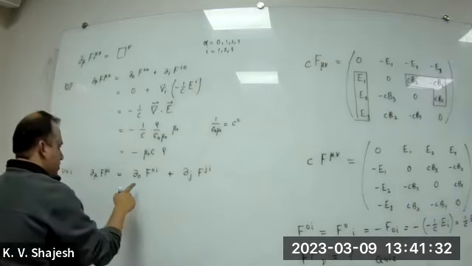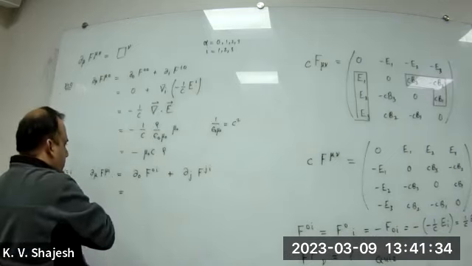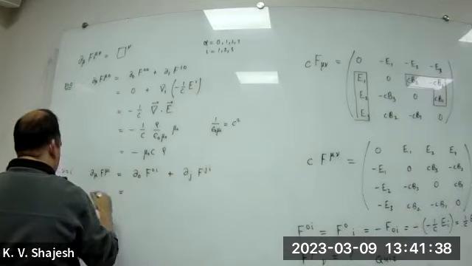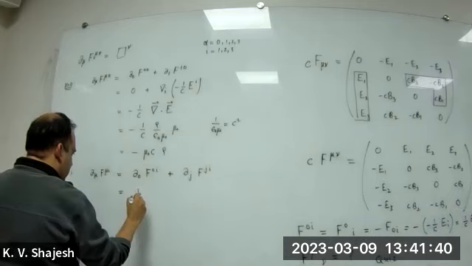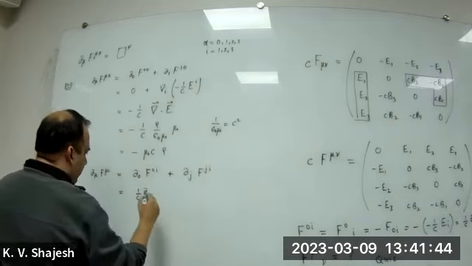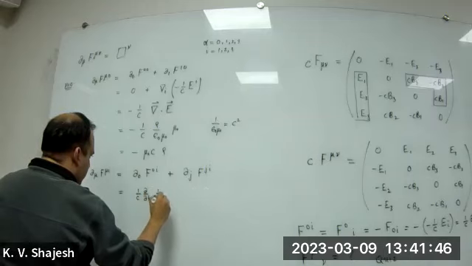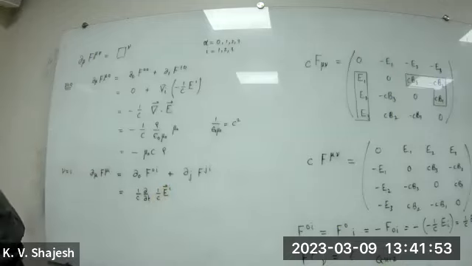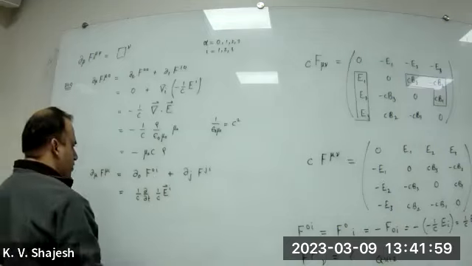And d0 is 1 over c time derivative. So that's 1 over c squared d E i by dt, which is probably the equation we are working with.